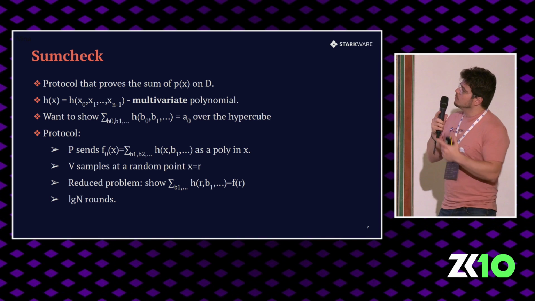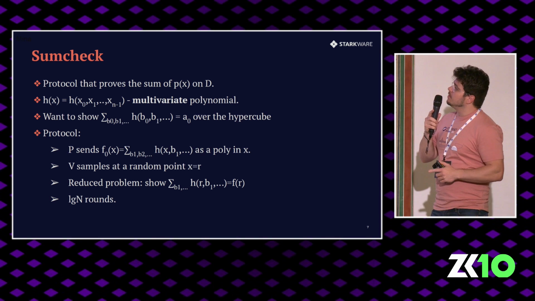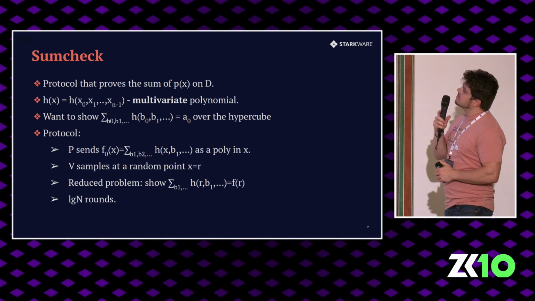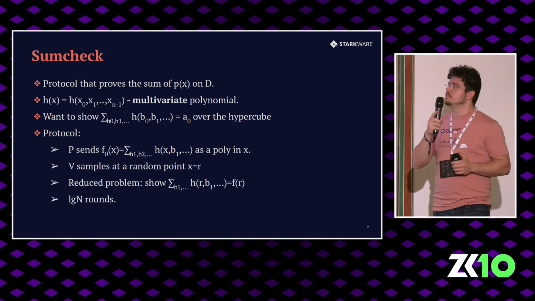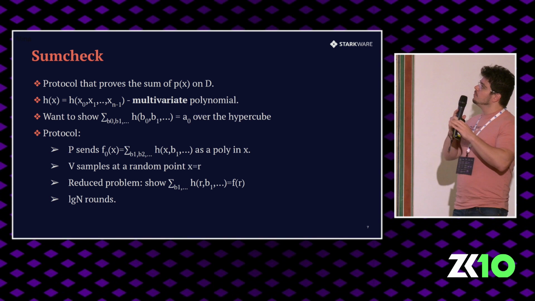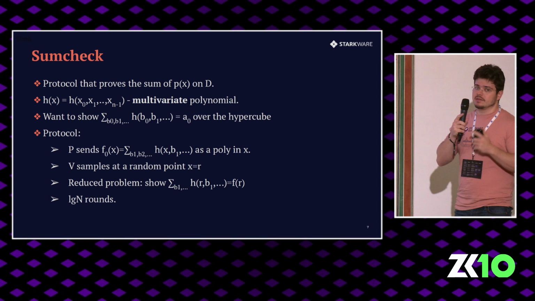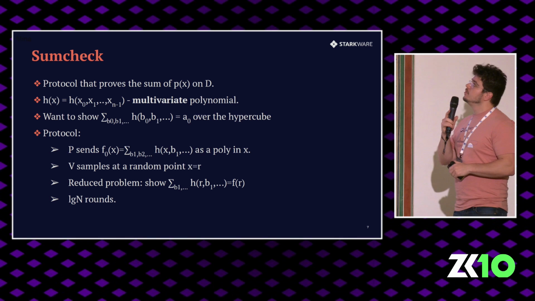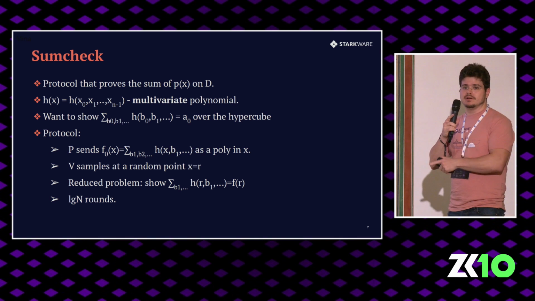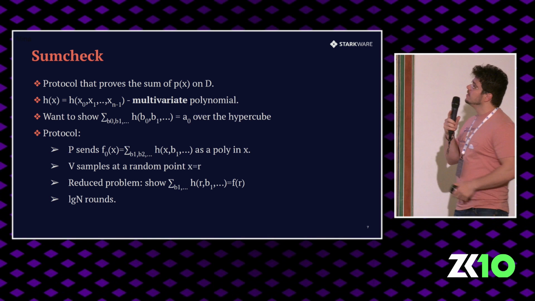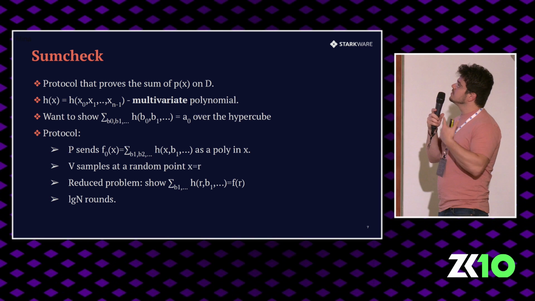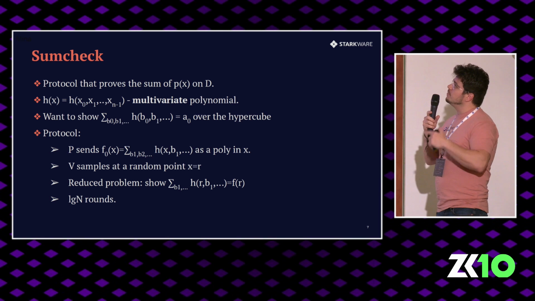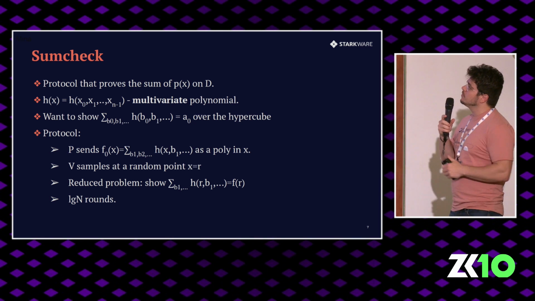Multivariate means a polynomial with a few variables, and the sum is always the sum over the hypercube. Hypercube basically means that for every x, you put either 0 or 1. So you have 2 to the n values, 0, 0, 1, 0, 1, 1, 1, 1, 0, 0, etc. Okay, so this Sumcheck protocol lets us prove that the sum of the values of P over the hypercube is something.